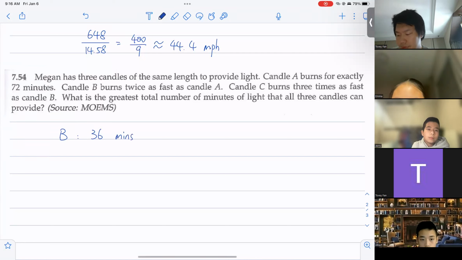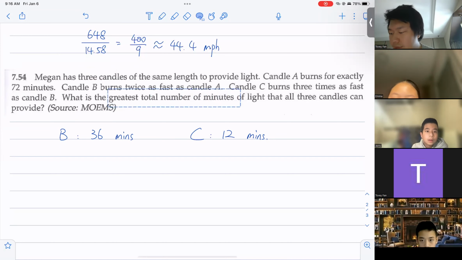And candle C burns 3 times as fast, so it can burn for 12 minutes. Do you add all of them together for the final answer? Yeah, because you want the greatest total number of minutes of light. 120 minutes, right?